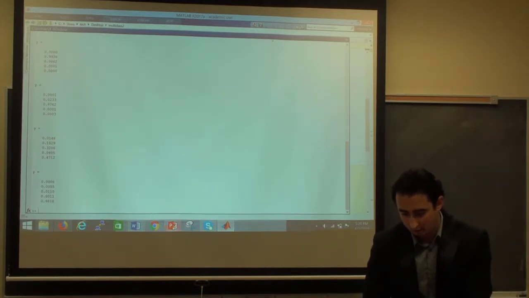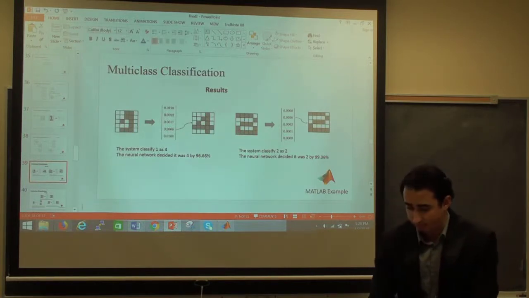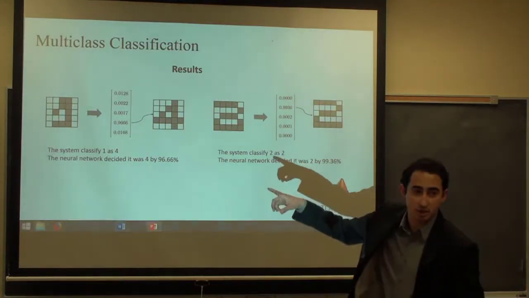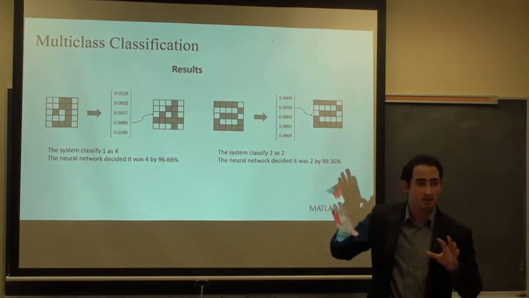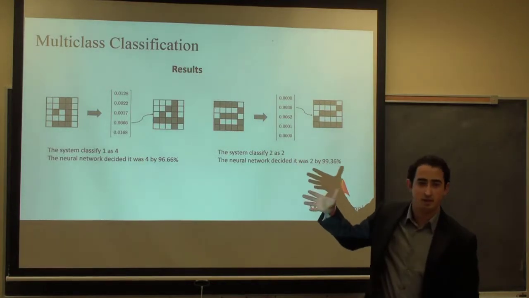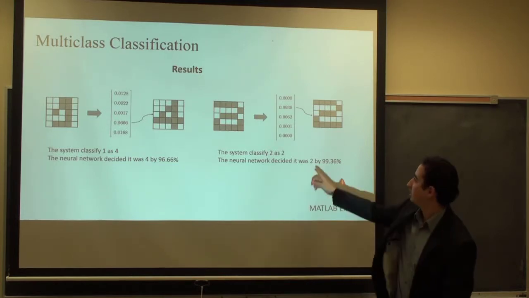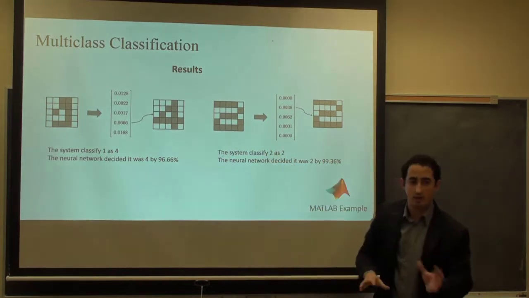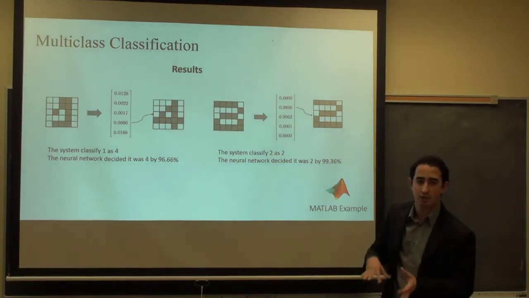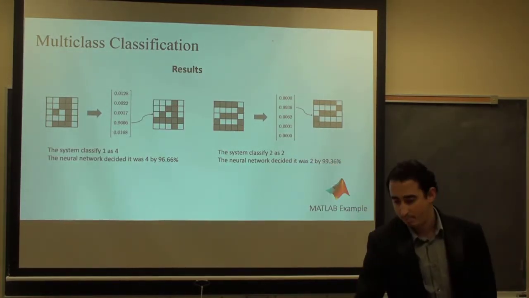So let's look at here. The left image is the image that we chose as an input. We're trying to trick the system. If you look at the image, it looks like 1 and 4. So instead of 1, it recognizes it as 4 with 96% accuracy. The second image, we tricked the system to look like in between 8 and 2, but it recognizes it with 99.36%.